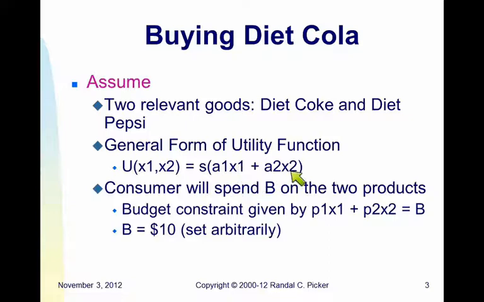The quantity of Diet Pepsi, that's X2. And then how much they value those, where A1 and A2 are the values that the consumers attach to consuming Diet Coke or consuming Diet Pepsi. And then the budget constraint is just price times quantity for both products, plus the sum of those equal to B, where we'll just set B arbitrarily.